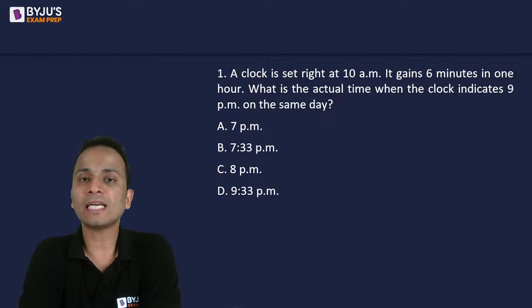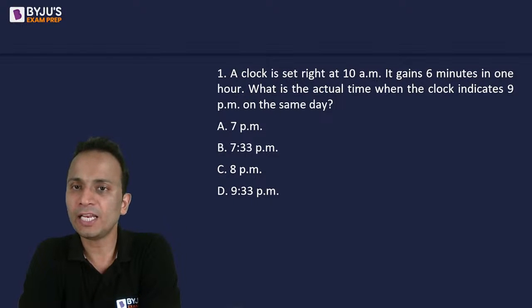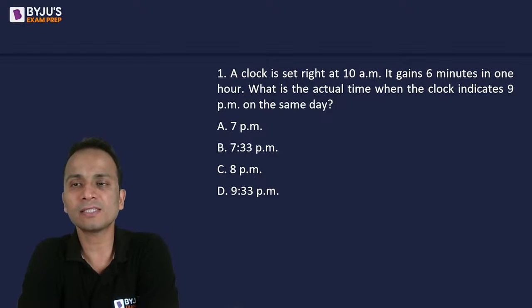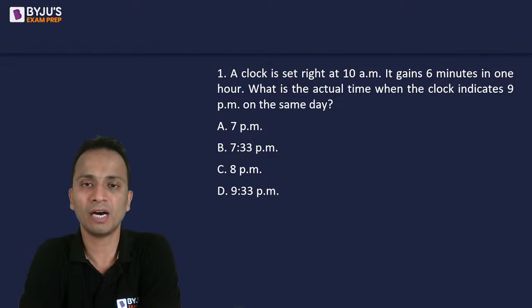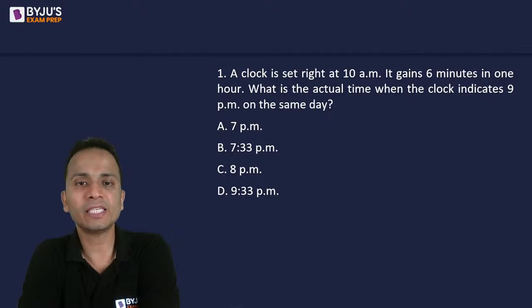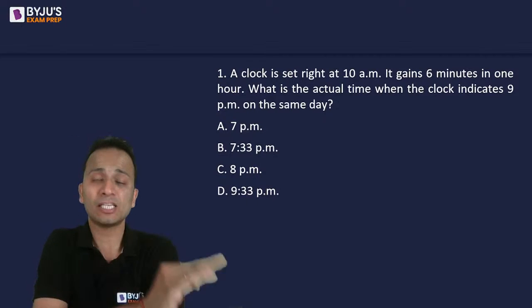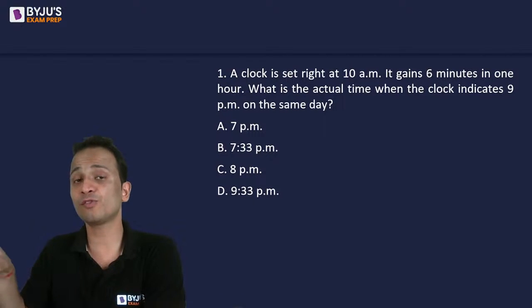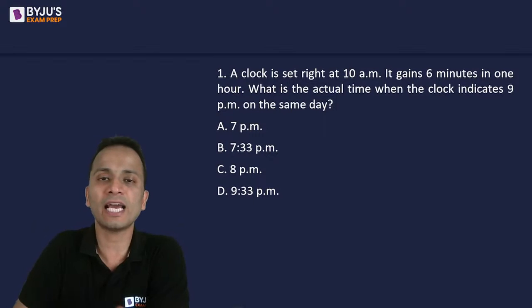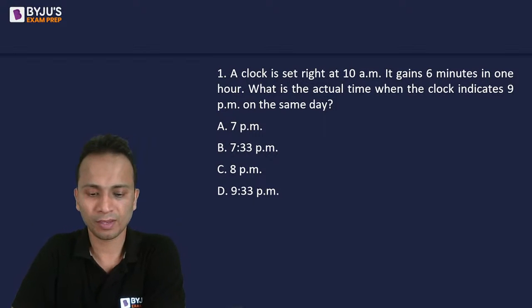The question says that a clock is set right at 10 a.m. and it gains 6 minutes in every 1 hour. What is the actual time when the clock indicates 9 p.m. on the same day? So the clock which gains at a rate of 6 minutes per hour is set right at 10 a.m. Now you'll have to find out the actual time when this faulty clock indicates 9 p.m. on the same day.